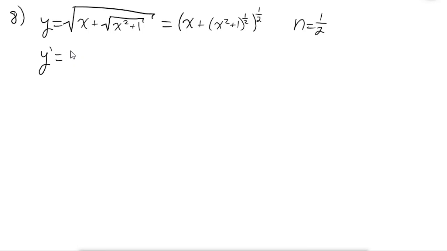So first of all, we'll use our power rule chain rule for the outside. So a power rule chain rule of the outside lets us know that the derivative is n multiplied by the inside, so x plus (x squared plus 1) to the power of a half, all to the power of 1 half minus 1, so negative a half, multiplied by the derivative of the inside.